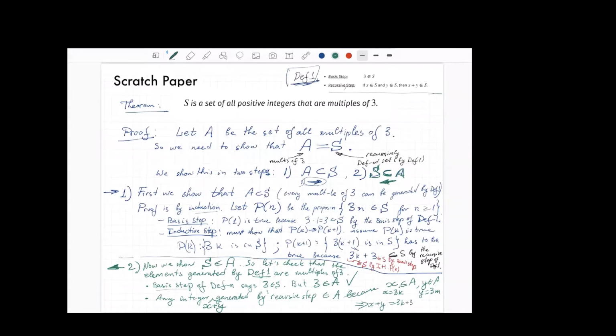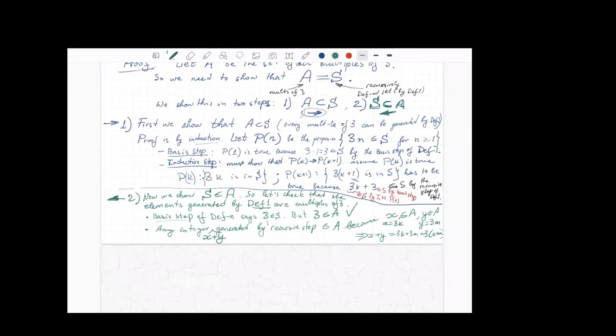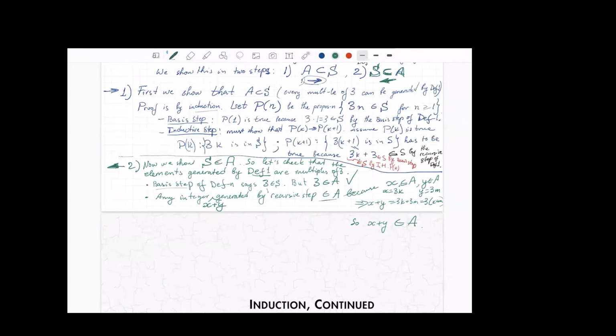It's because it's 3 times some integer, k plus m. So x plus y has to be in A. This completes the second proof. Is this clear? This completes the second part.